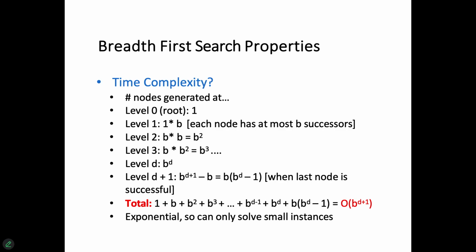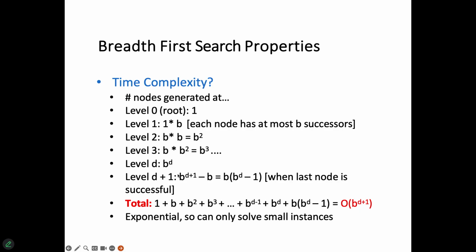So let's say the maximum number of successors is B. Then at level 1, we have B nodes. At level 2, each of these B nodes is going to have, again, B children, right? And then each of those B children at level 3 is going to have another B nodes. So this is going to be multiplied until we reach level D, where we have B raised to the power of D. This is the number of nodes at level D.